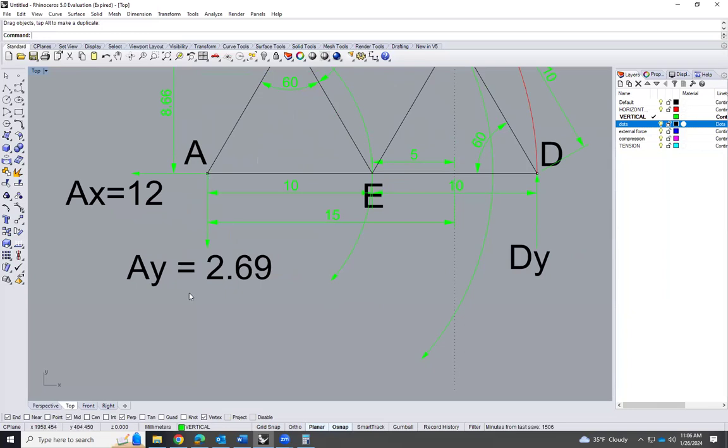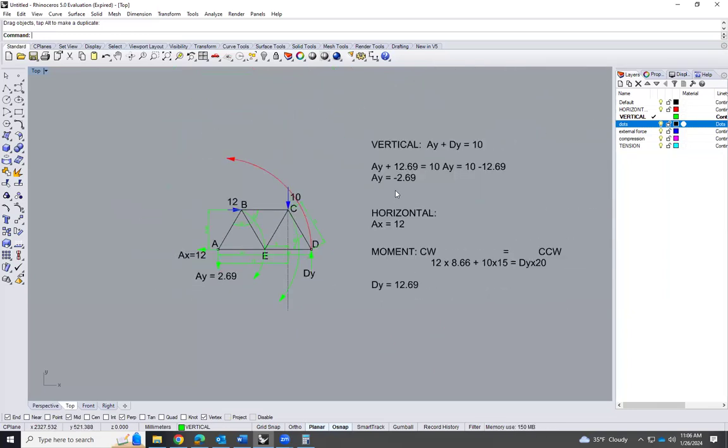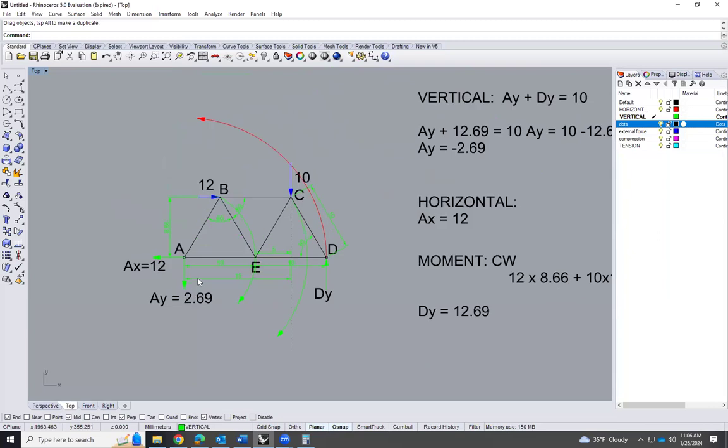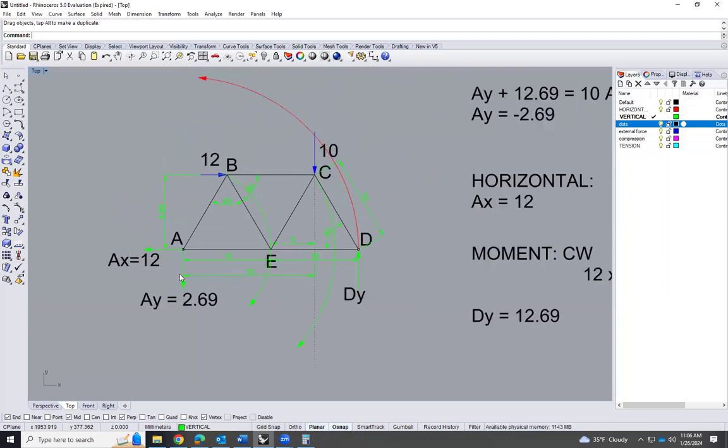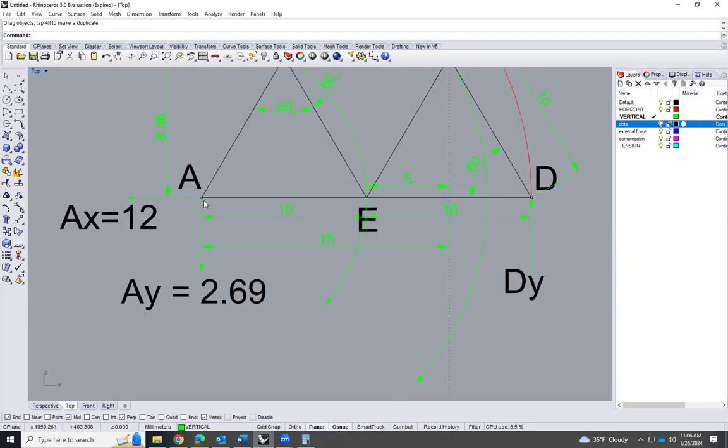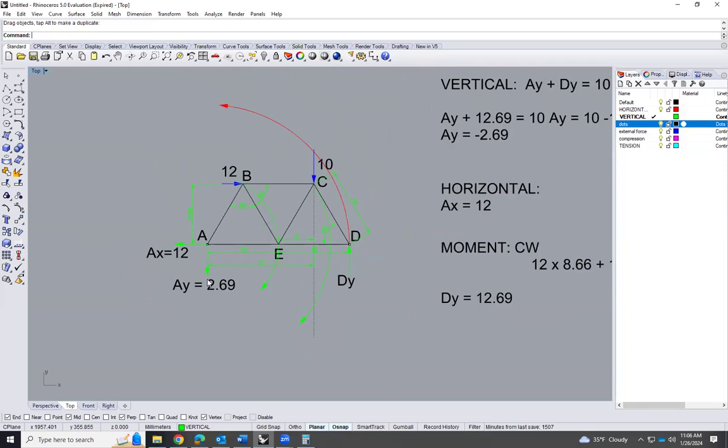It's 2.69 going down. So if we have a negative result, means that the direction that we have assumed is wrong. Okay, so change direction and type a positive number. So those are the reactions.